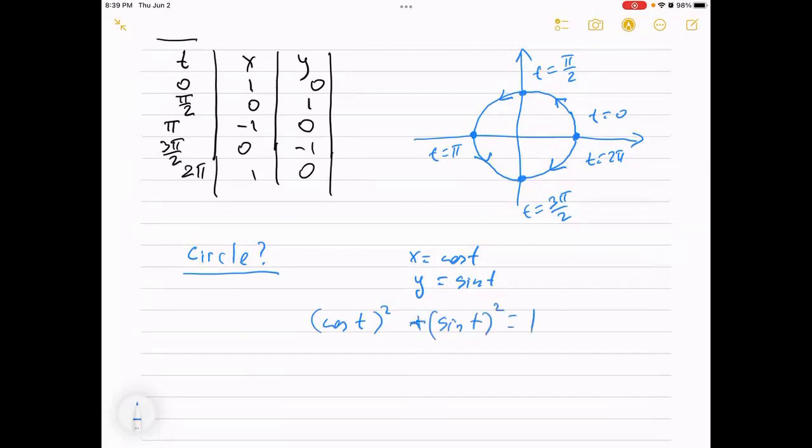Then from here, since x is cosine t and y is sine t, we substitute x for cosine t and y for sine t. So we get x squared plus y squared equals 1. And that is exactly as we guessed before, a circle of radius 1, center at the origin.